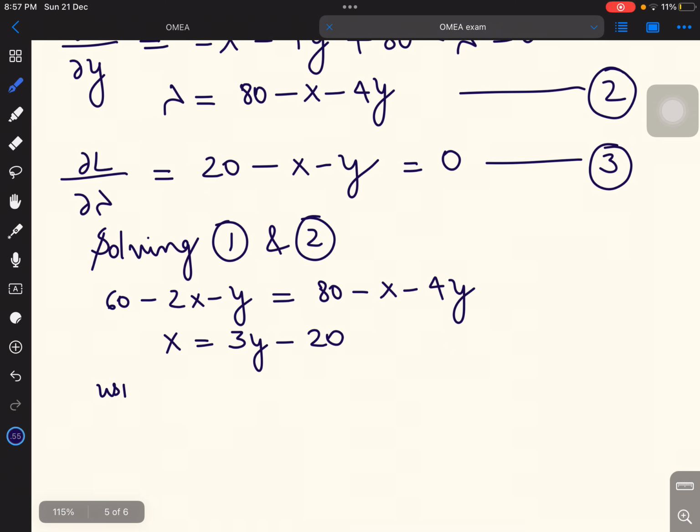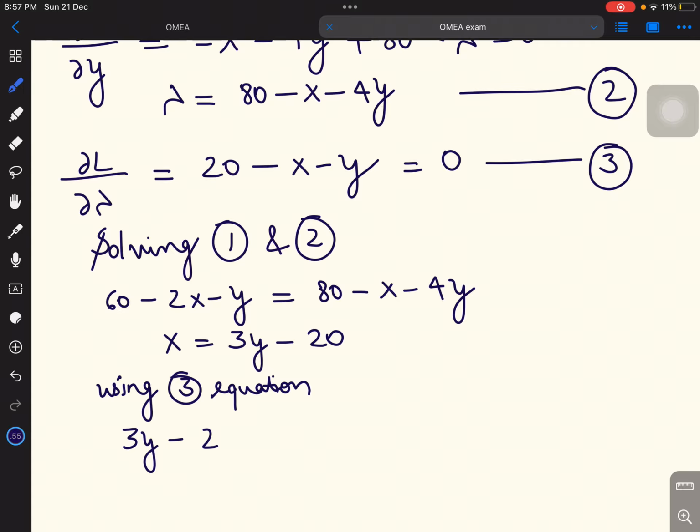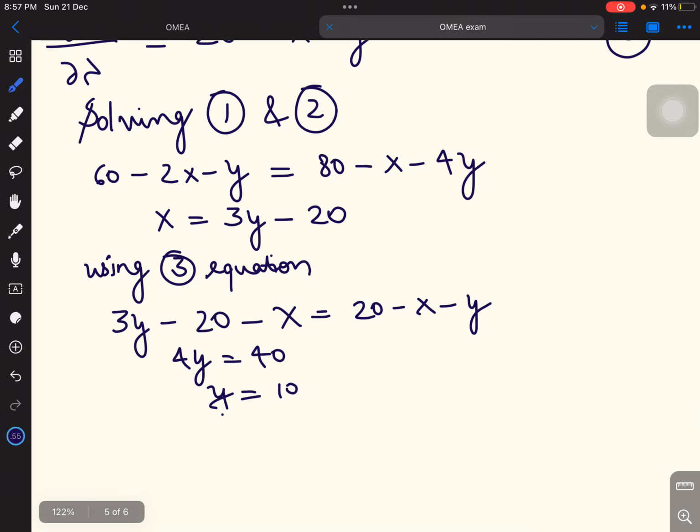Using the third equation as well, we get 3y minus 20 minus x equal to 20 minus x minus y. So 4y is equal to 40, so y is equal to 10. If we put y equal to 10 in any of equations 1, 2 or 3, we get x equal to 10.